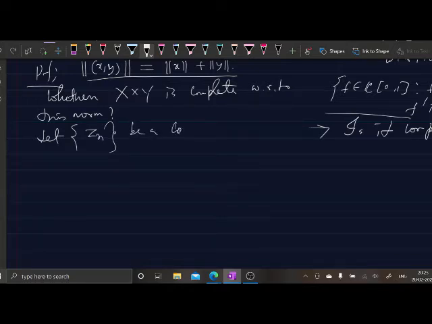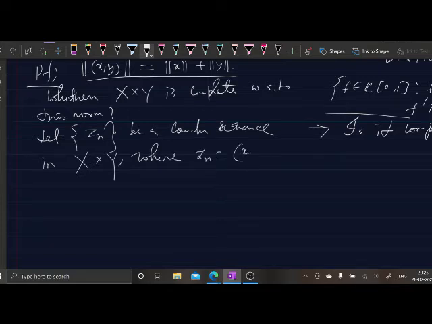So for this reason, let us suppose that the sequence Zn is a Cauchy sequence in X cross Y, where you can take this Zn as (xn, yn). By the definition of a Cauchy sequence, the norm of Zn minus Zm must tend to 0 as n, m tend to infinity.